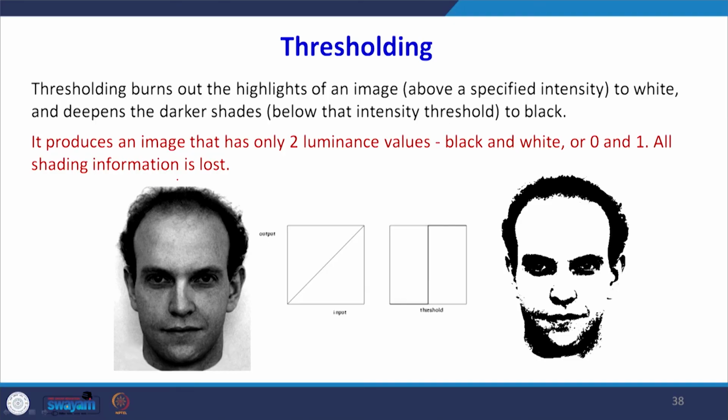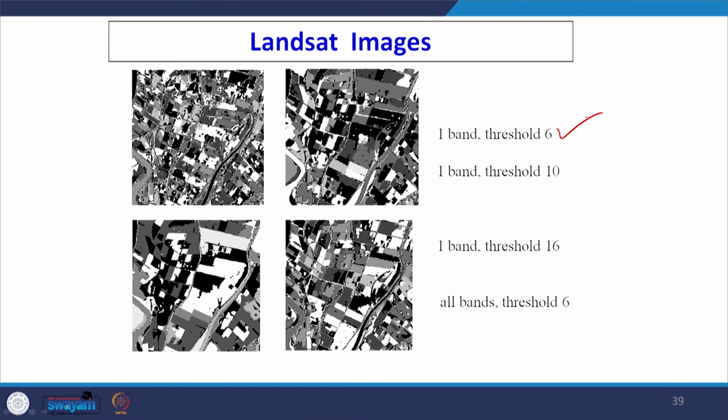So one can see the effect of the thresholding, and this is the original image of a person, and this is after thresholding using some threshold values. In the Landsat image, one can see different threshold values have been used: threshold value 6, threshold value 10 in the next image, then 16 and like that.